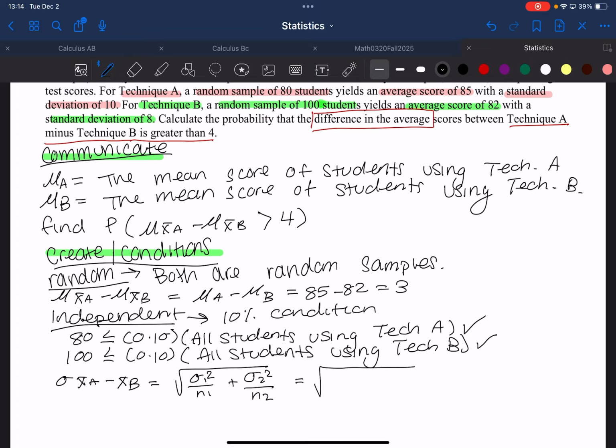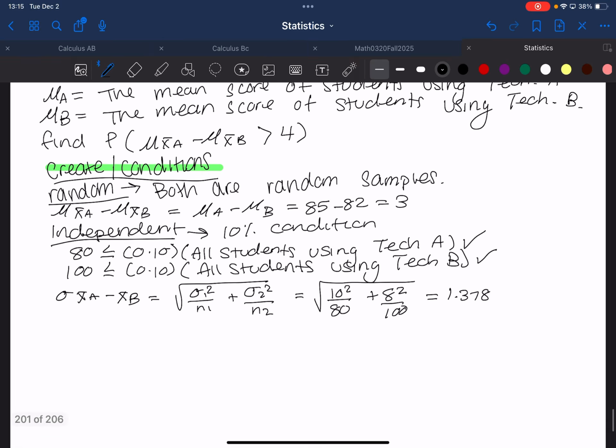So this would be the square root of 10 squared over 80 plus 8 squared over 100. I wouldn't bother simplifying this, just plug it straight into Desmos, and you're going to get 1.378. So we now have our parameter for mu and our parameter for standard deviation.